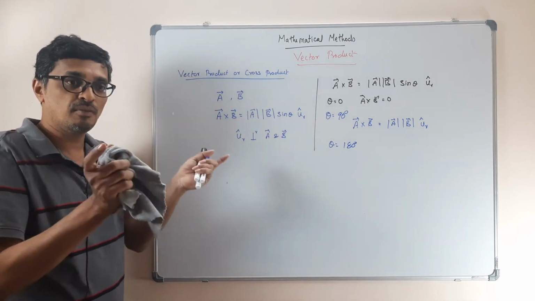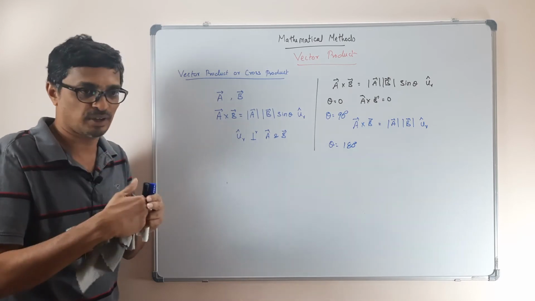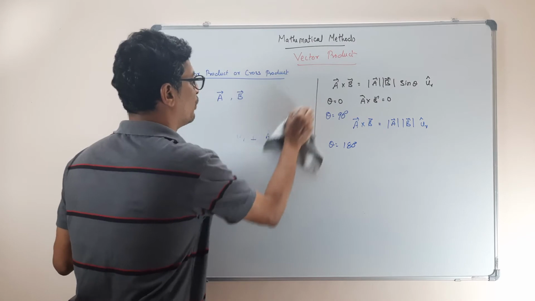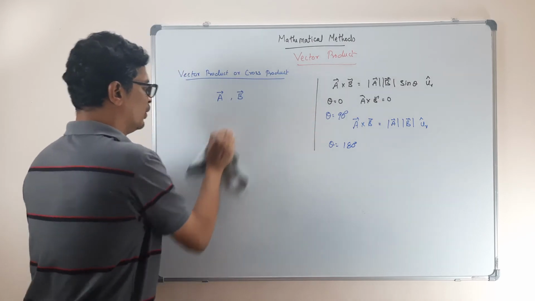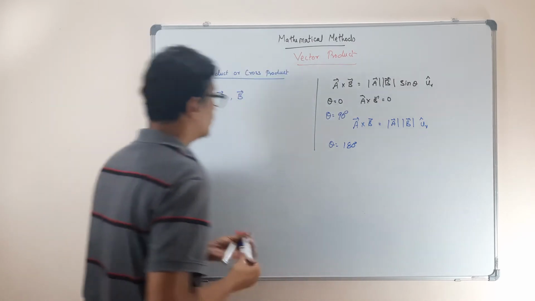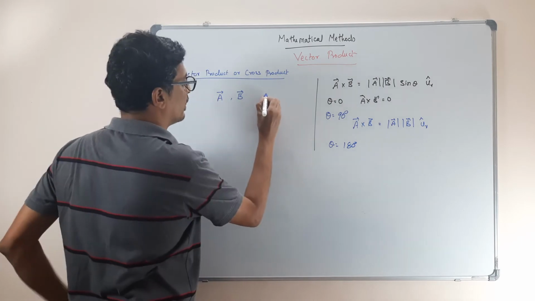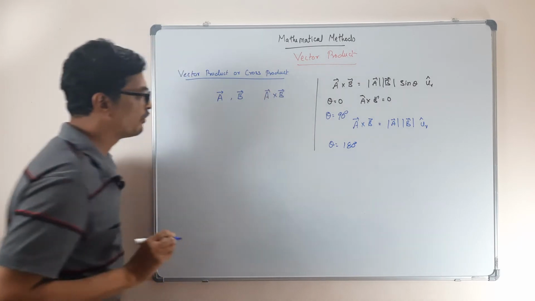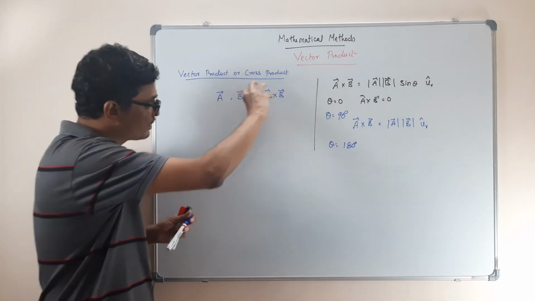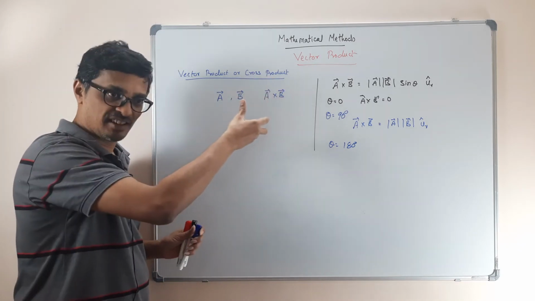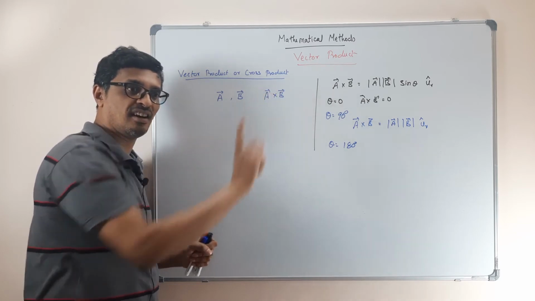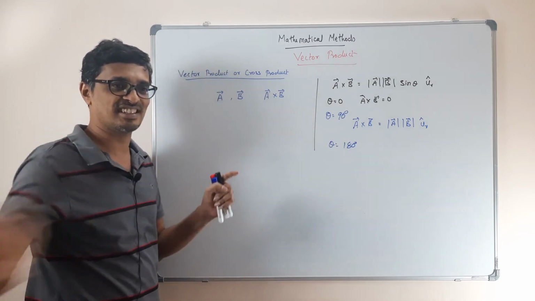When you resolve them, how will the vector product look? That's the question. So we have two vectors A and B. We want to find the product A vector cross B vector, and this product is going to be a vector. What will be the component of this product along the x-axis, y-axis and z-axis?